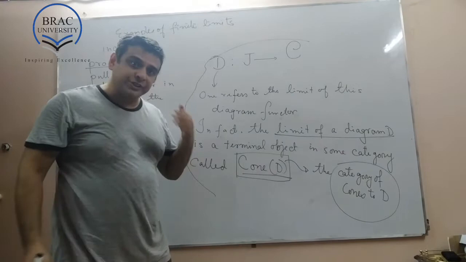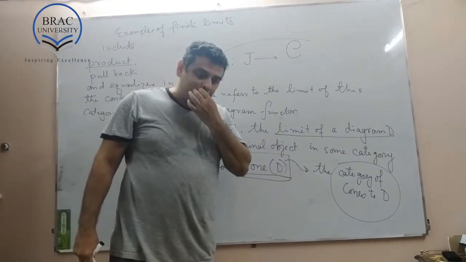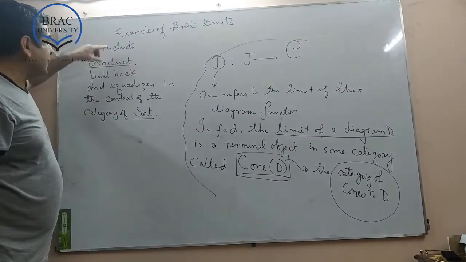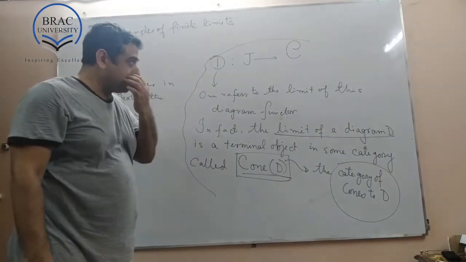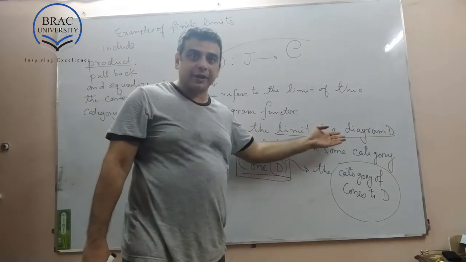When we hold the most general discussion in the setup of abstract category theory, we'll see that these examples of finite limits will appear as special cases of the most general concept of the limit of a diagram functor.